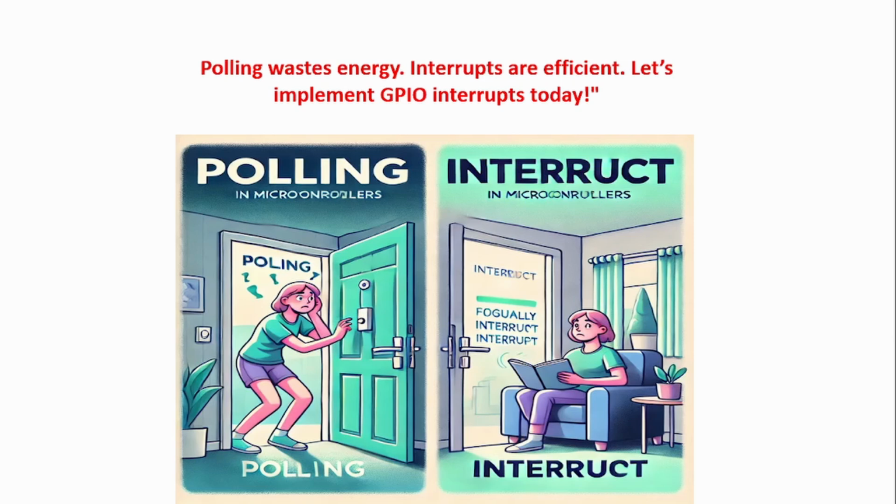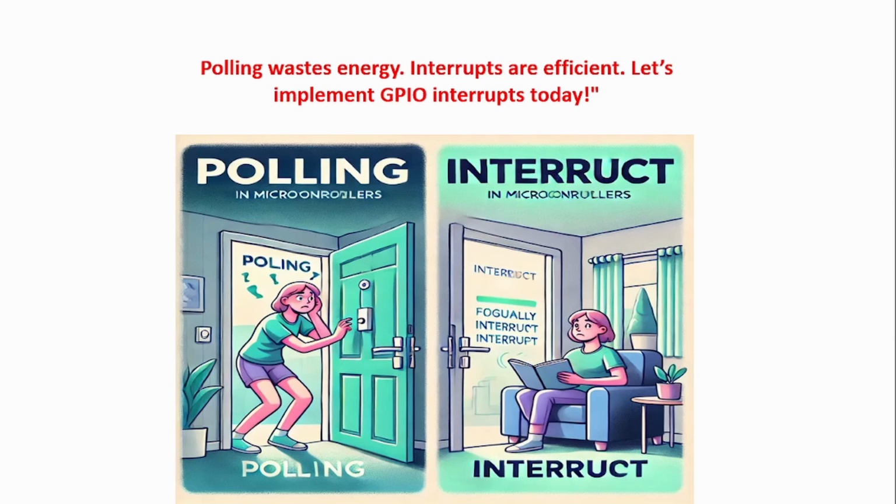Now, the second mode is interrupt mode. Don't bother about whether your friend comes or not. Just do your work. If you want to read the book, read the book. If you want to use your laptop, watch the movie, continuously watch that. But you know that some mechanism is there, that is called your doorbell.